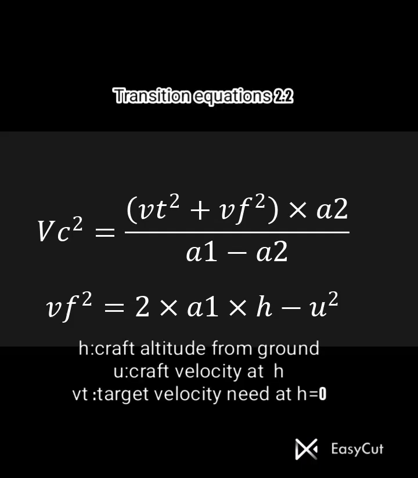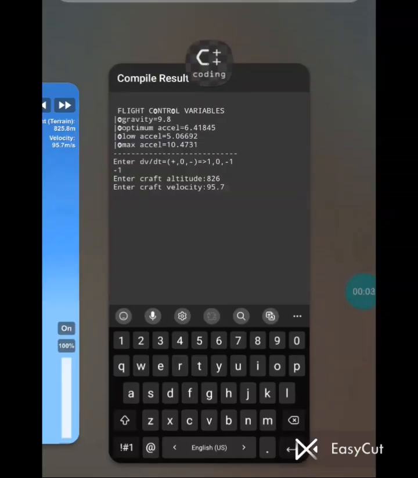This equation is applicable for a decelerating craft to cut off to a smaller deceleration to attain the target velocity at a position.